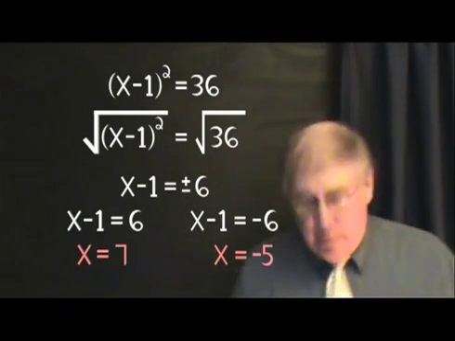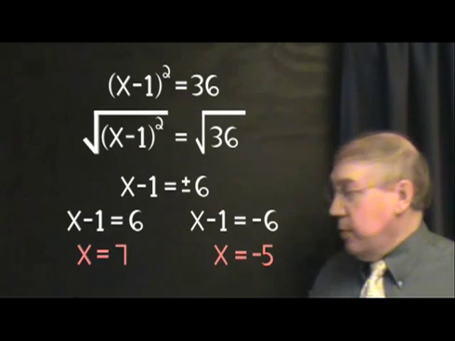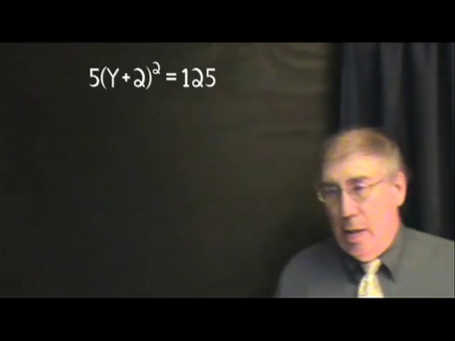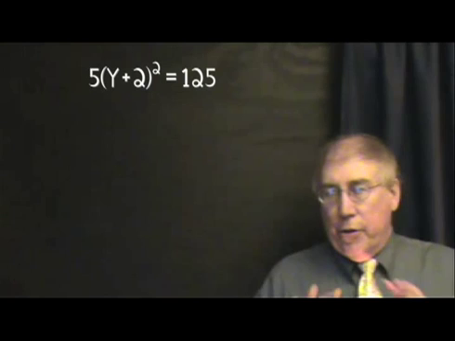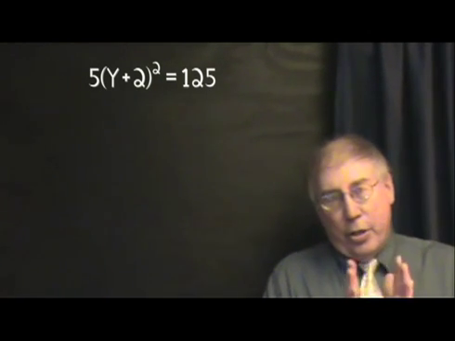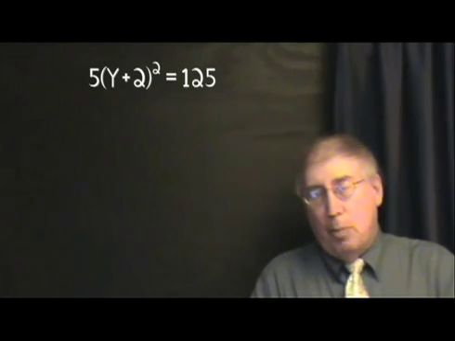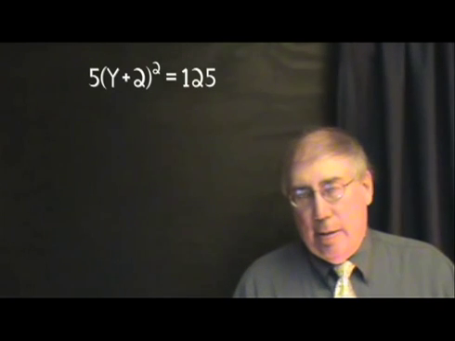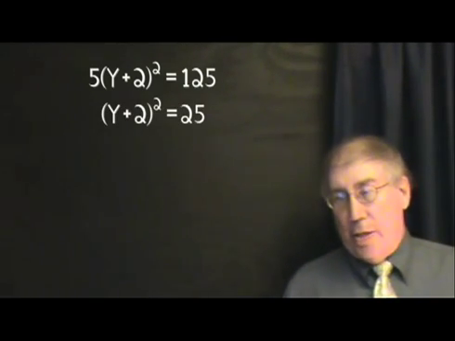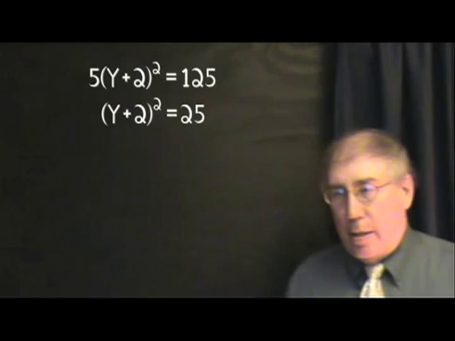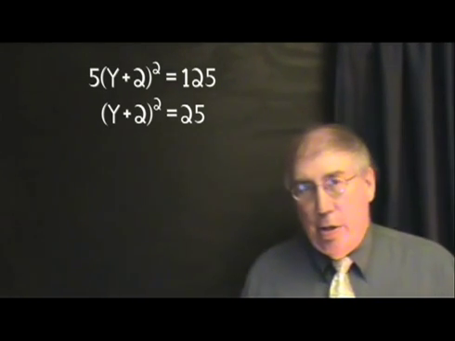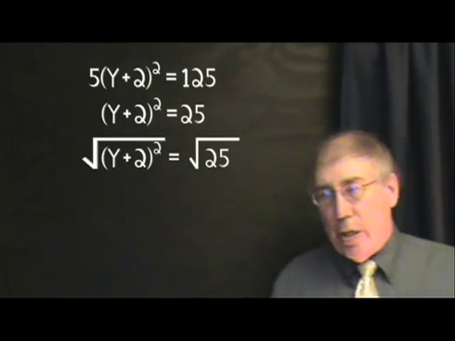Now in our next problem, let's see what we got here. The thing to do in this one is to first divide through by 5. We want to get a perfect square on the left hand side involving y. Alright, now let's take the square root of both sides.